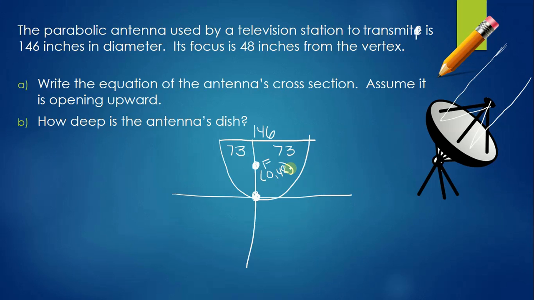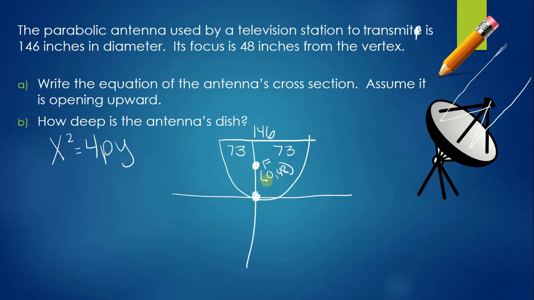Write the equation of the antenna's cross-section. Assume it is pointing upward. So that's what we did. Well, it would be x squared equals 4py, right? I don't know how high off the ground it is, I don't know the depth. That's actually what we're going to find. But p is just the distance from the vertex to the focus, or the vertex to the directrix.